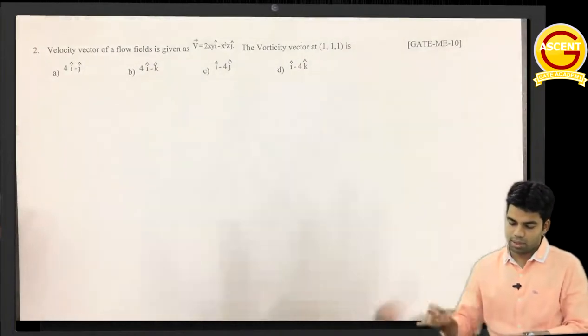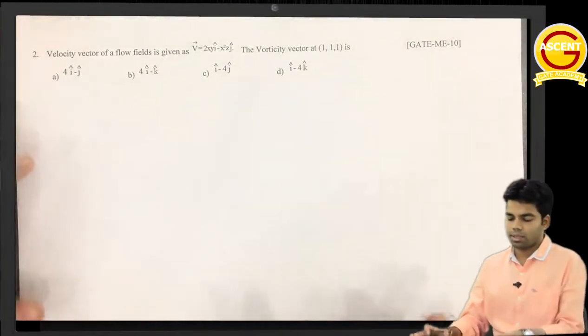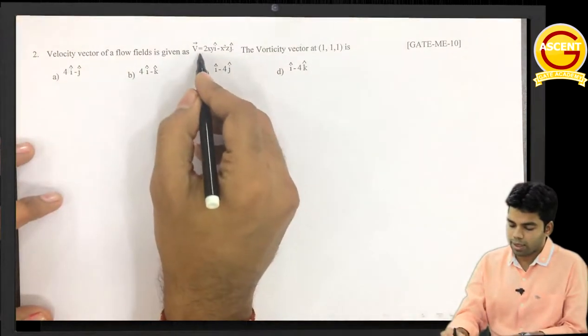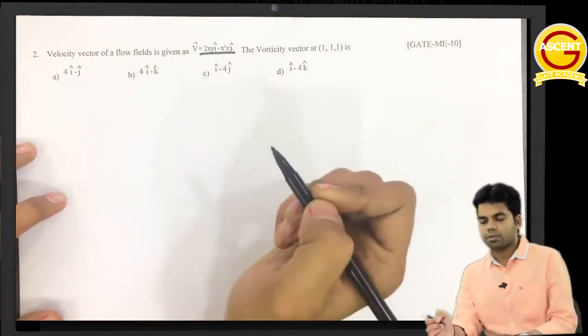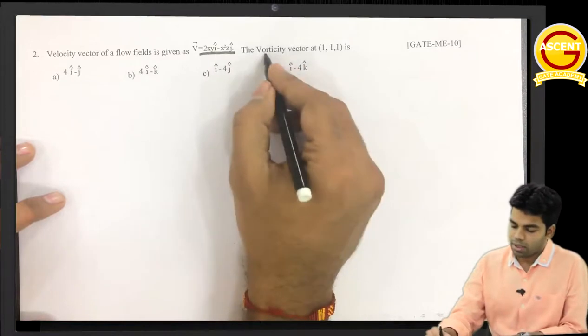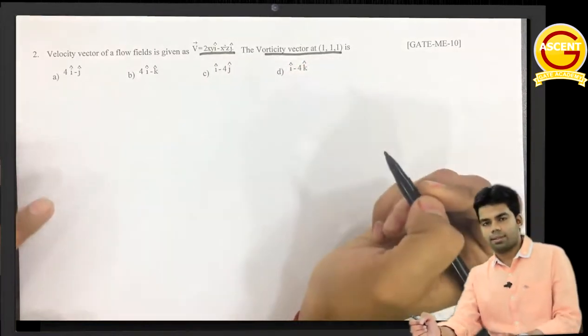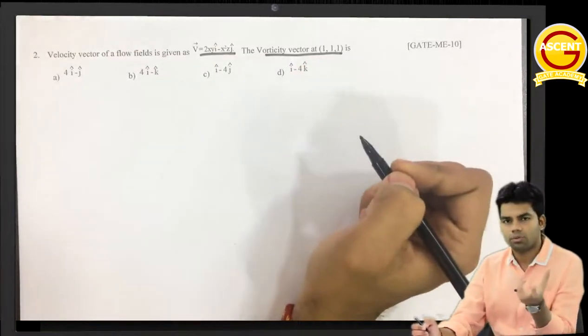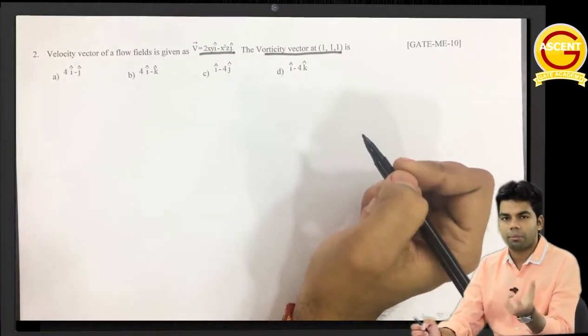Next question says velocity vector of the flow field is given by v is equal to 2xy i minus x square z j. The vorticity vector at 1 1 1 is very simple to determine. I have told you the formula and the trick to remember that formula as well.